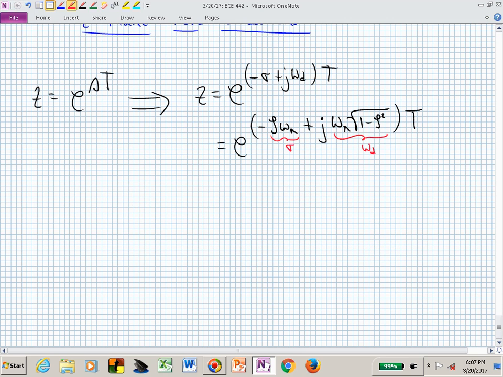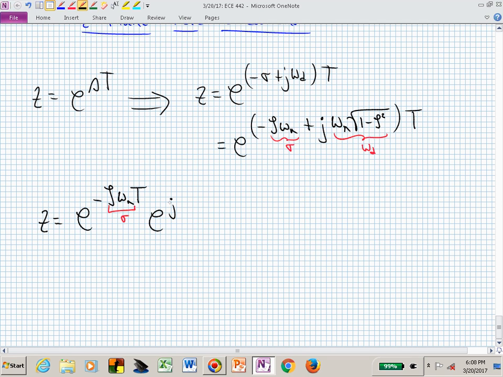If we distribute that t inside the exponent, and separate those exponents into two pieces, which we can do if we're adding exponents, we can factor that into two different parts. We can write z as e to the minus zeta omega sub n t, again this is our sigma value, times e to the j.